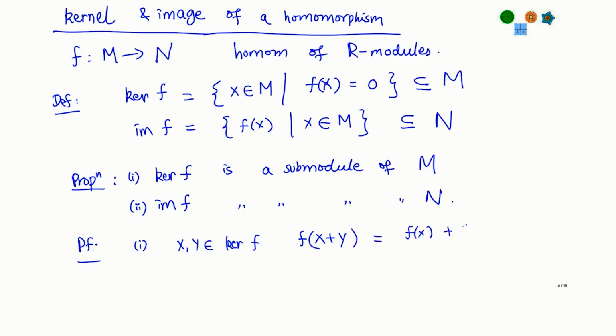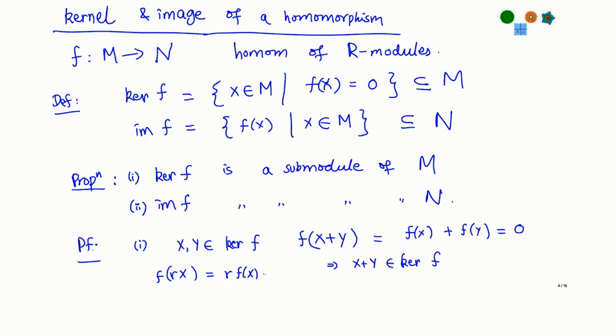Because f is a homomorphism, f of x plus y is fx plus fy, so that is 0. So x plus y is also in the kernel of f. Similarly, if I take x and multiply it by a ring element R, I want to know whether Rx is in the kernel. Again f of Rx, I can pull the R out and write it as R times f of x.